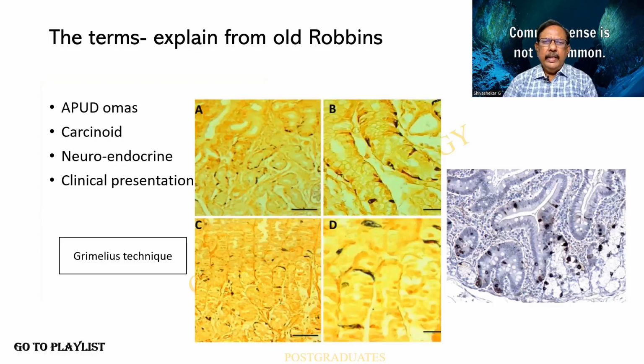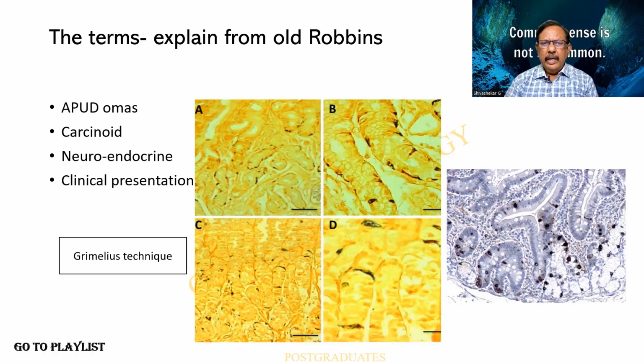And there used to be the earlier terms such as the argentaffin cells and the argyrophil cells, the silver or the gold that is being stained upon. APUDomas are amine precursor uptake and decarboxylation tumors.